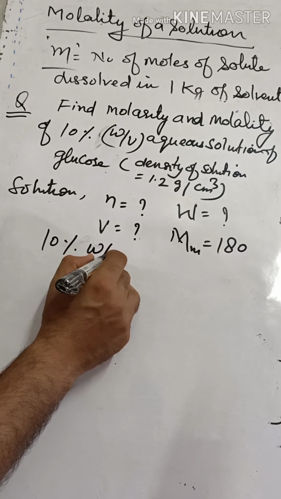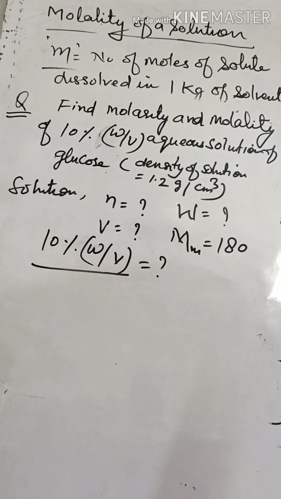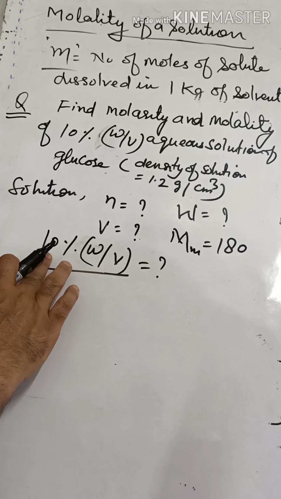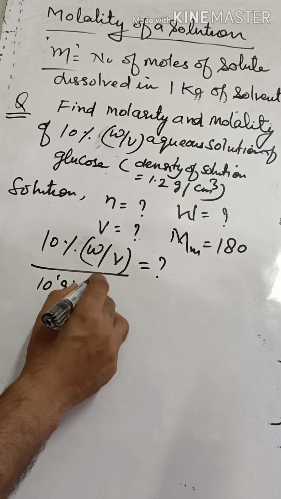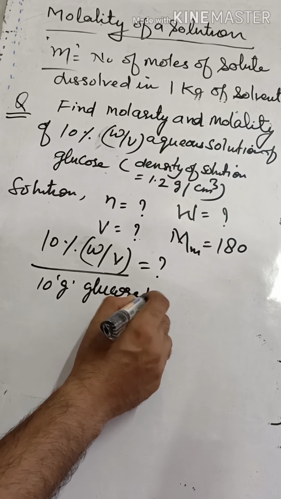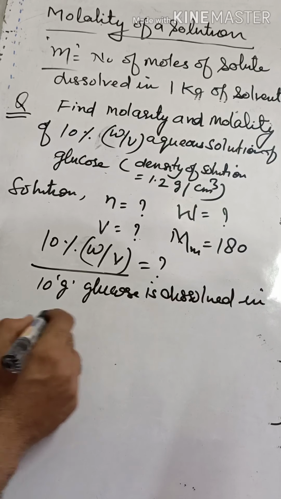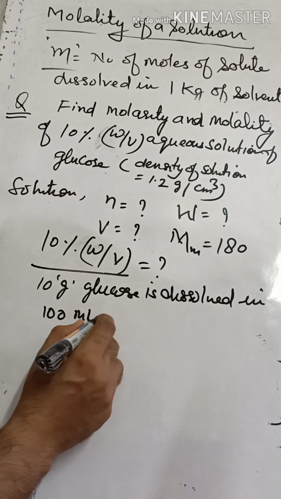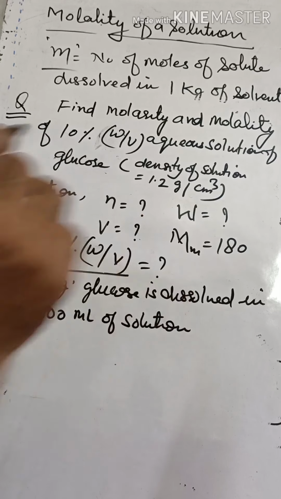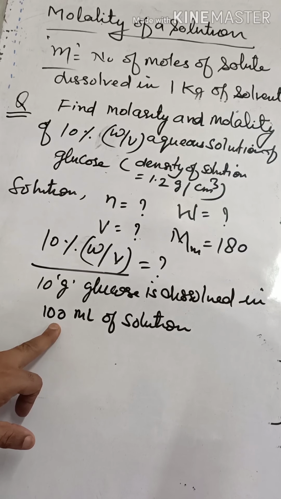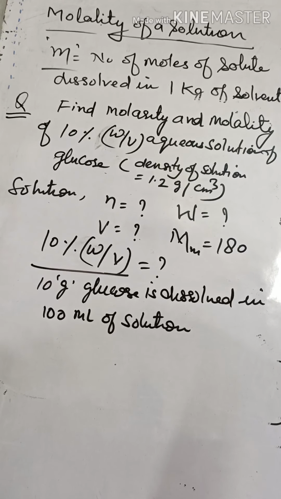What is the meaning of 10% by volume solution? That means 10 gram glucose is dissolved in 100 ml of solution. So the volume of solution is 100 ml or cc, cubic centimeter.